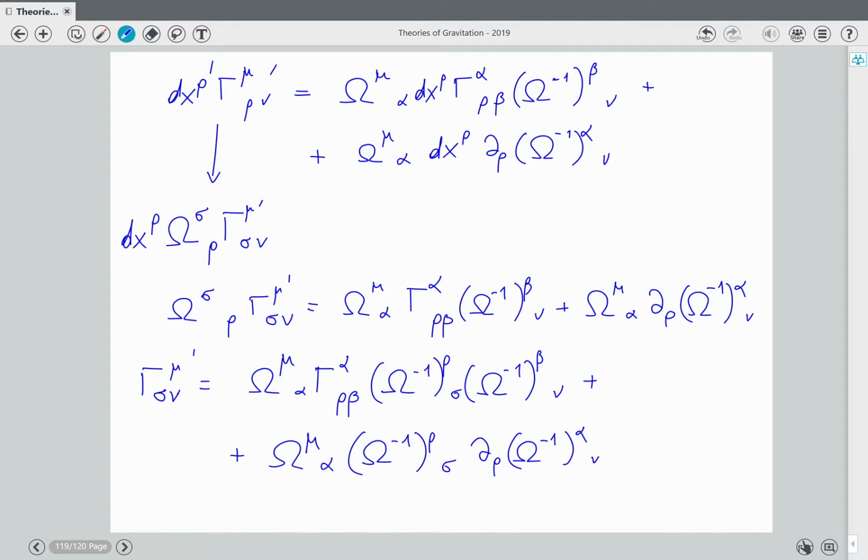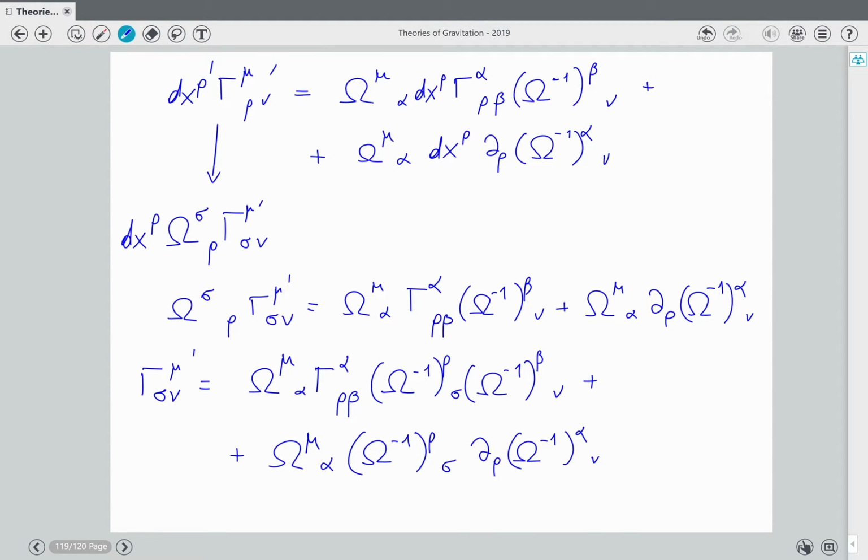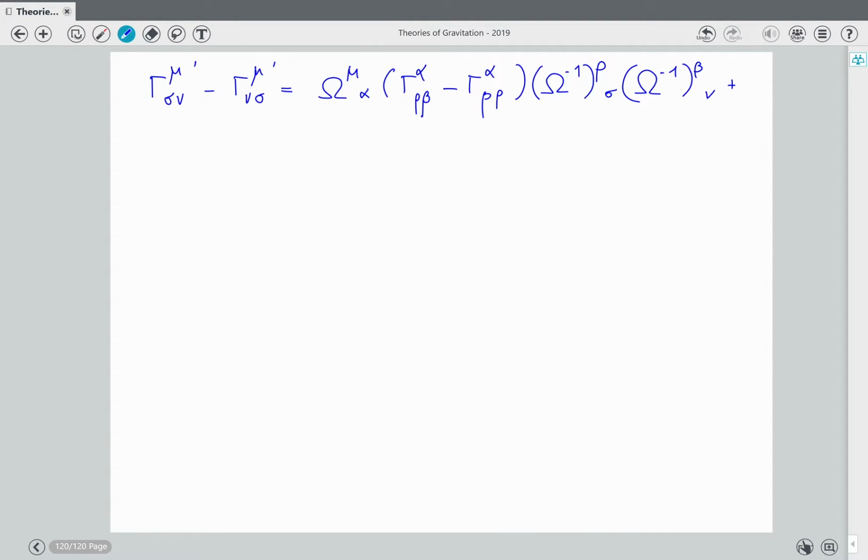So that will be gamma alpha rho beta minus gamma alpha beta rho, and then you have omega minus 1 rho sigma omega minus 1 beta nu. Instead, what we want to do is to show that the rest goes away when we anti-symmetrize.